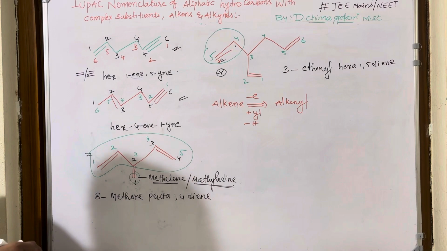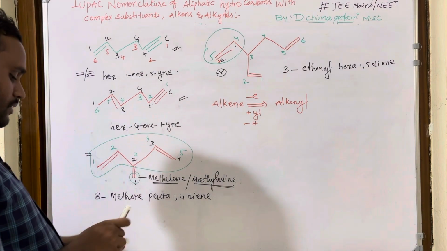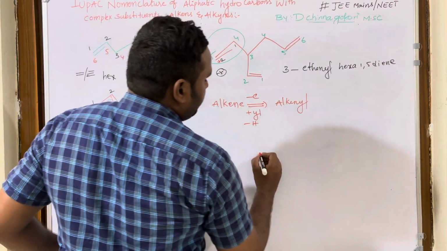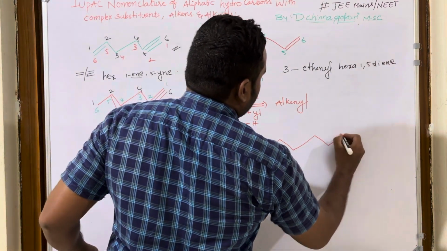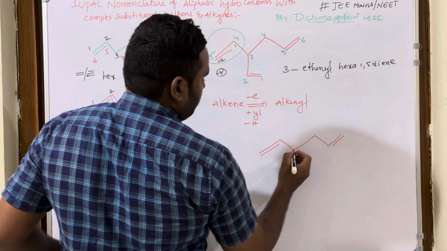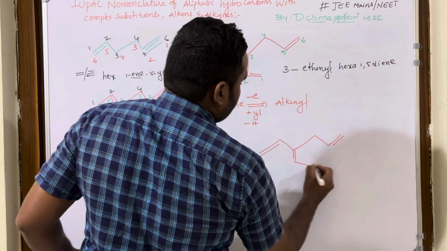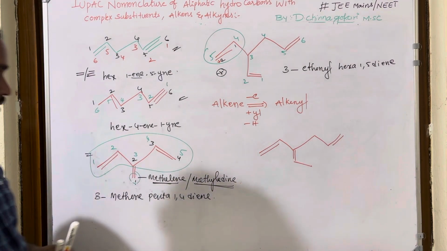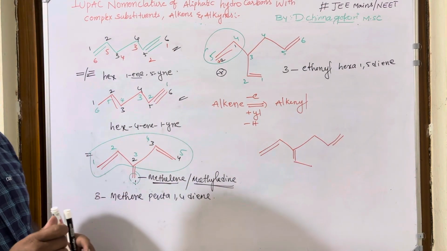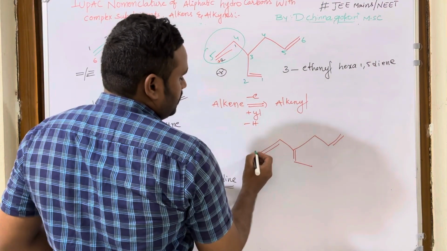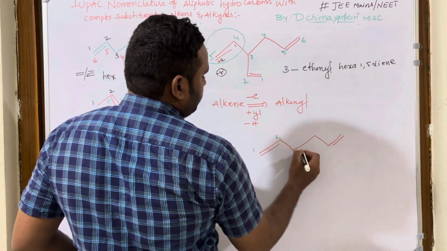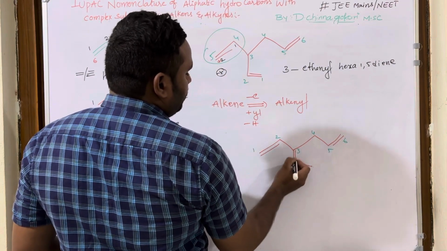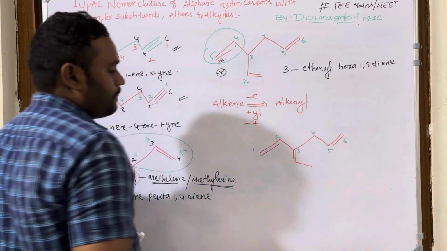Okay, next, let us discuss one more important example. So what is the name of this compound? Numbering 1, 2, 3, 4, 5, 6, and here 1, 2, 3, 4, 5, 6.